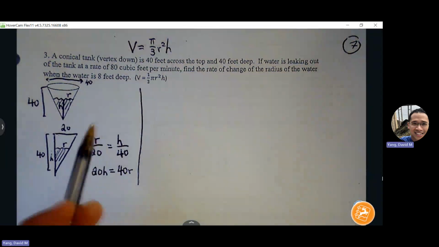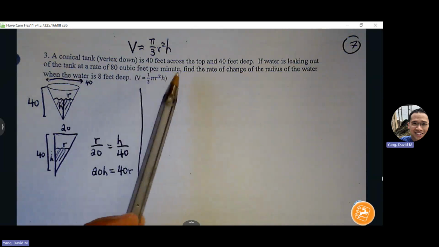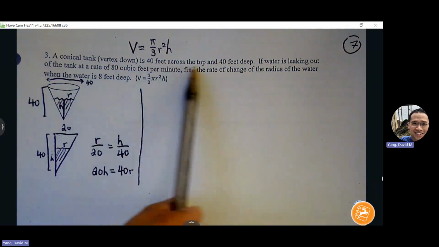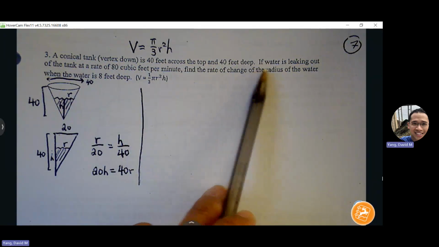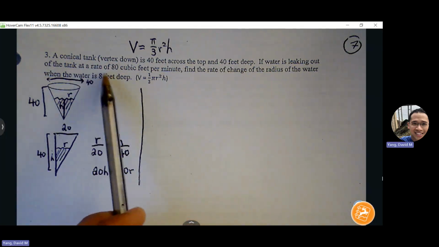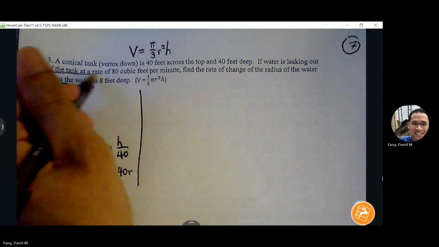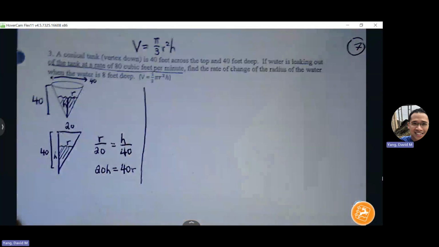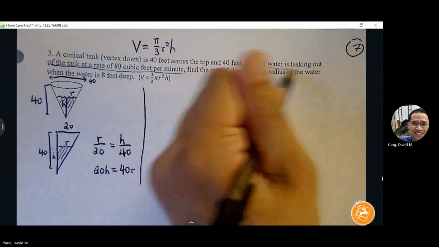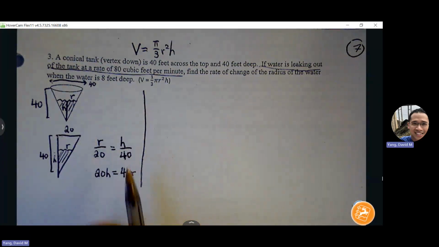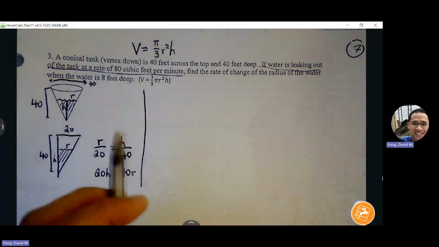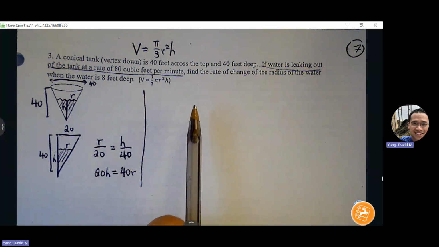So let's gather some information from the problem to see. We already got everything we need from the first sentence. Second sentence, the water is leaking out of the tank at a rate of 80 cubic feet per minute. So question is, what is that referring to? Which variable is that referring to? We don't see that variable yet, but say it again.